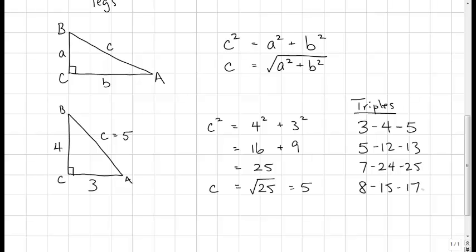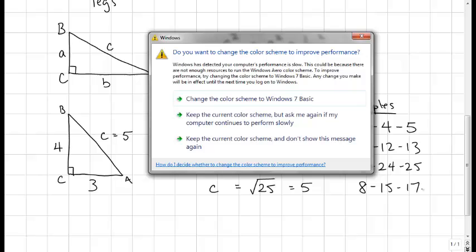Now I said a minute ago that there's an infinite number of these, but these are pretty much the only ones with reasonably small numbers, with single-digit numbers. And so you're going to see them a lot on geometry questions in math textbooks and on exams and contests when they want the sides of triangles to be integers and not irrational.